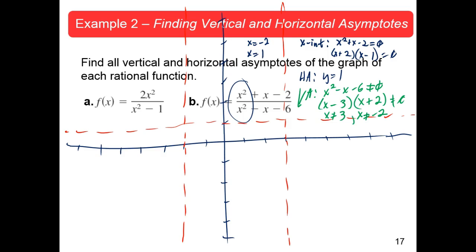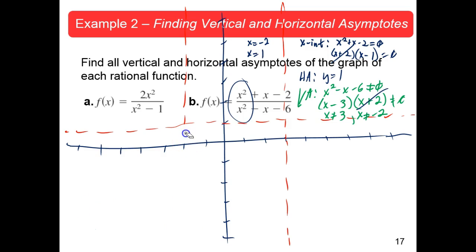Guess what? We should have done this at the very beginning. We should have factored that numerator and denominator, because guess what? We have a common factor. So this x equal negative 2, it can't be negative 2, but that is not a vertical asymptote. Sorry about that. I wasn't paying attention.